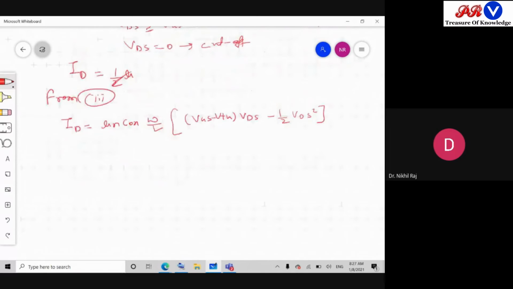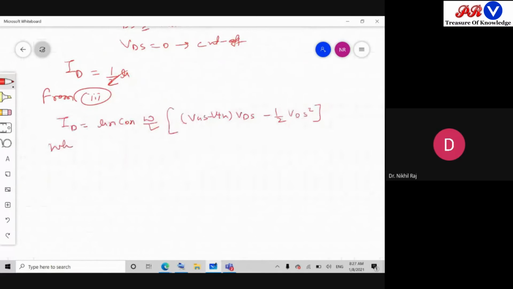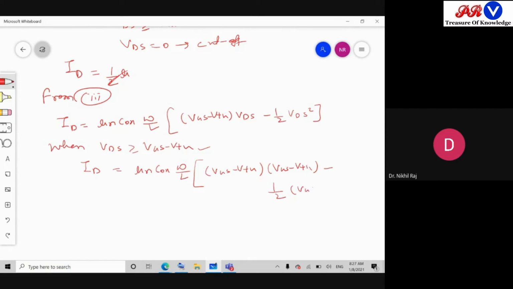Here we have to check what happens when VDS is greater than or equal to VGS minus VTH. When this condition exists, ID equals mu n Cox W by L, VGS minus VTH times VDS, which is also VGS minus VTH, minus half VGS minus VTH whole square.